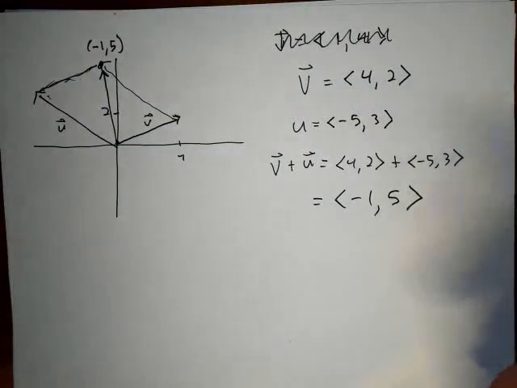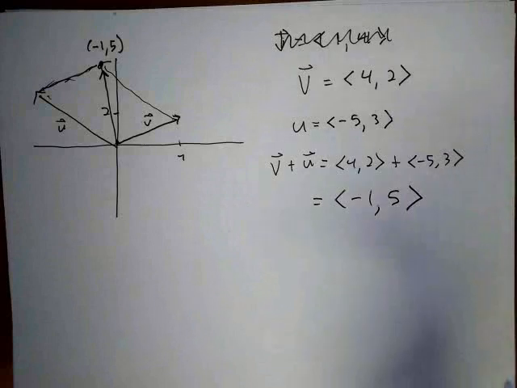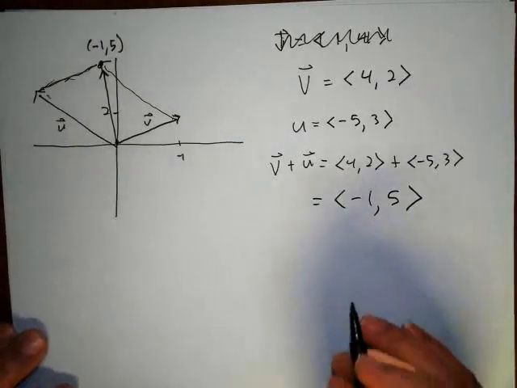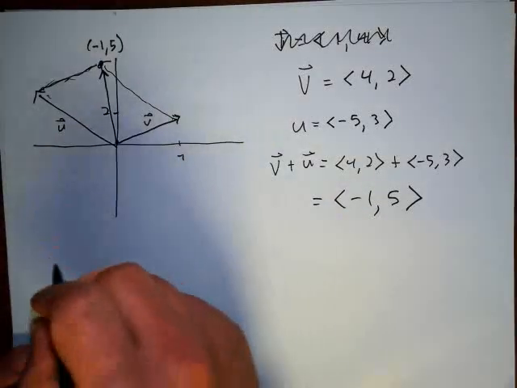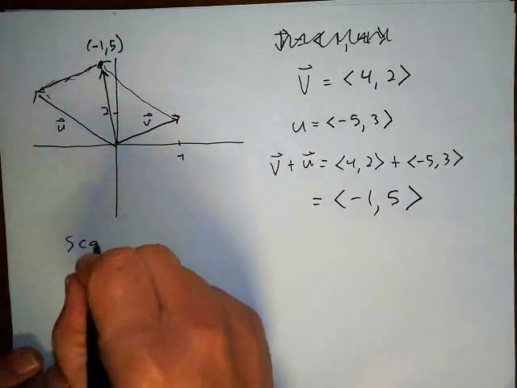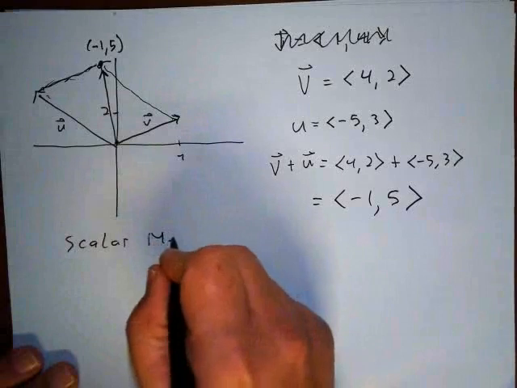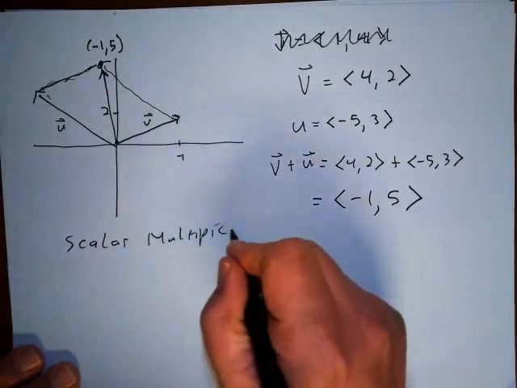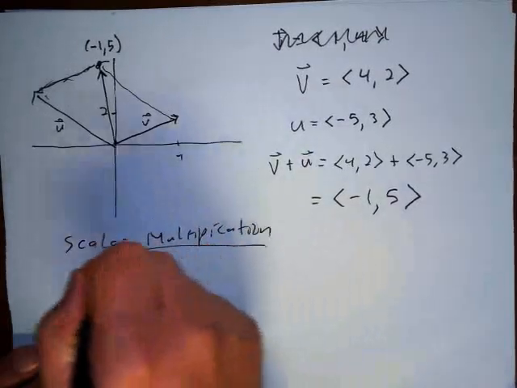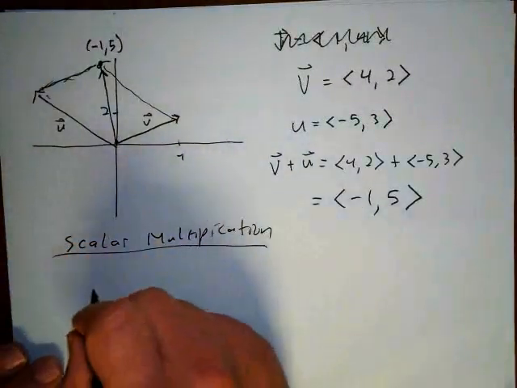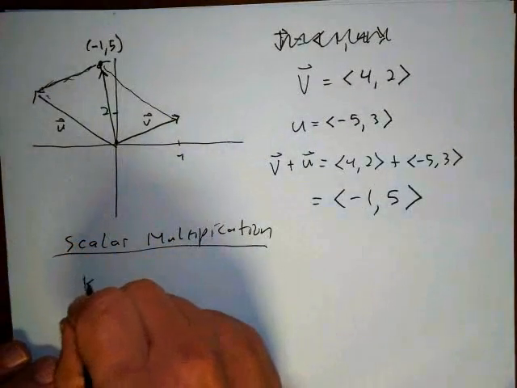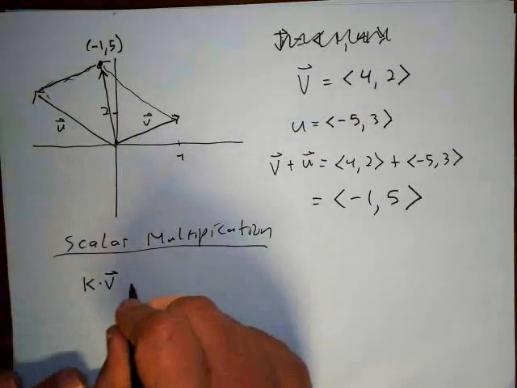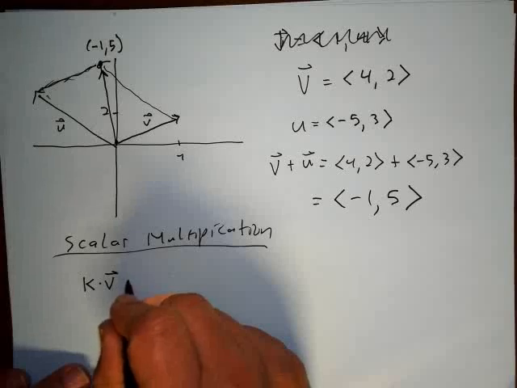Okay, now let me show you another thing. This is adding vectors. Let me show you one more operation here, and that is scalar multiplication. So what do I mean by scalar multiplication? This is just taking a number and multiplying it times the vector. Okay?